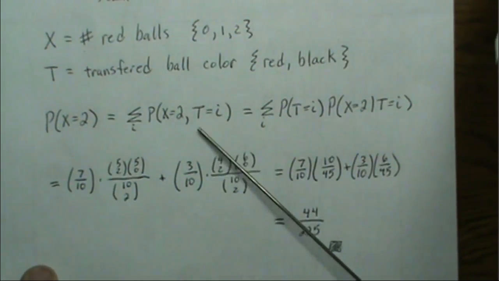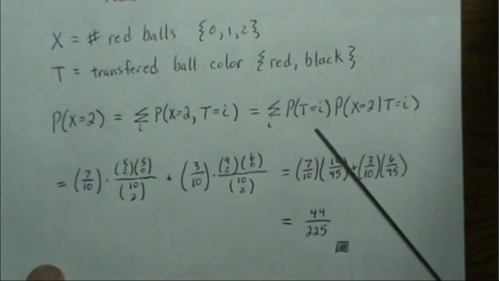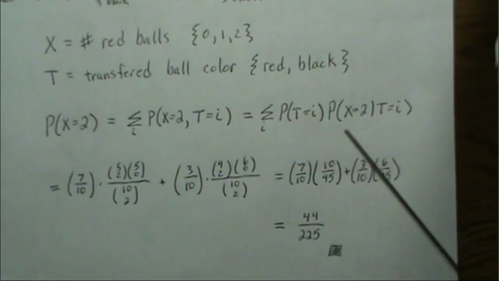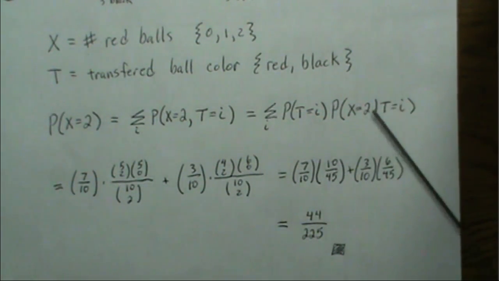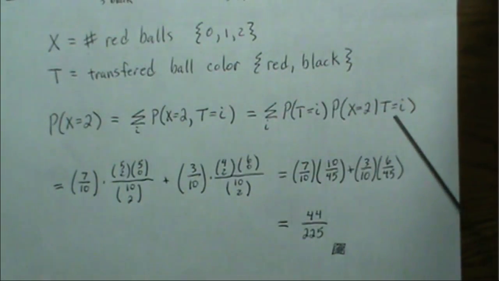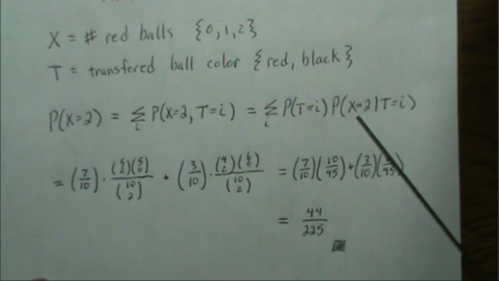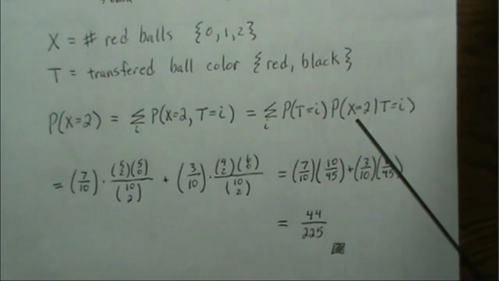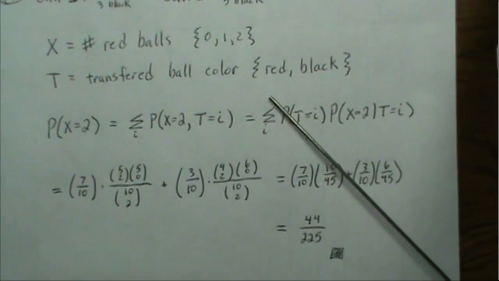But we do that so we can change this to a conditional probability times the marginal. In this case, if we know the color of the ball that's transferred, then we can easily calculate the probability that both are red.